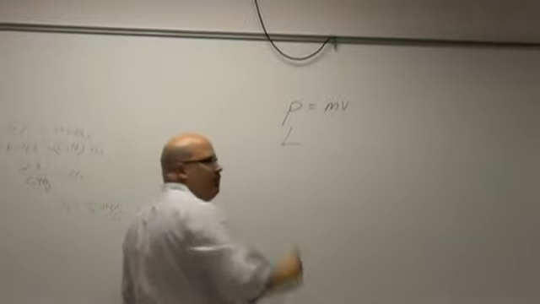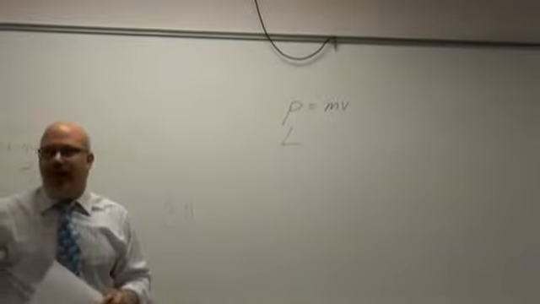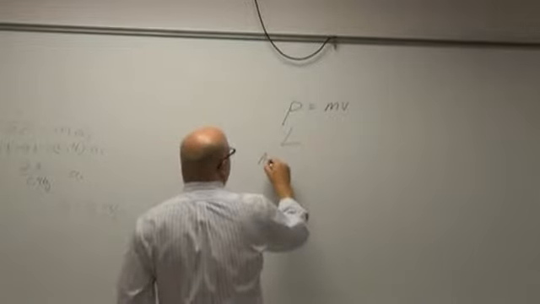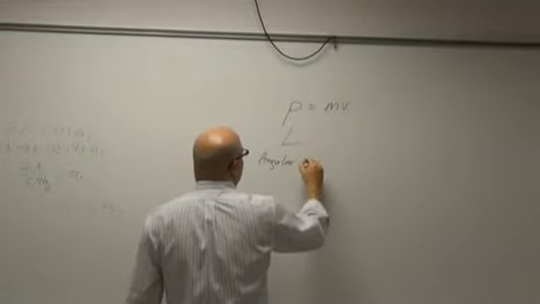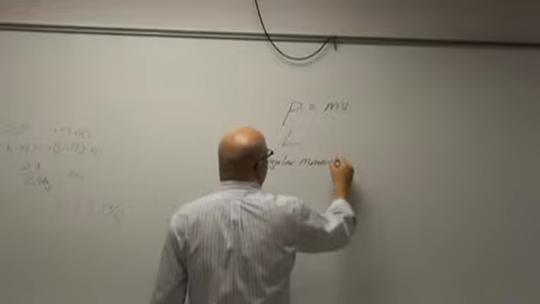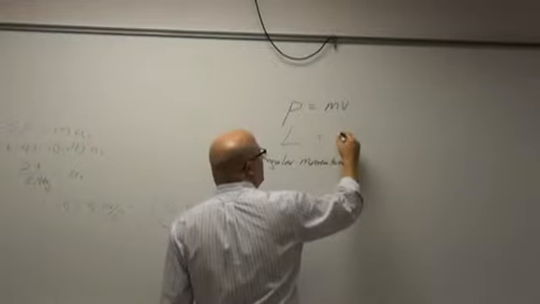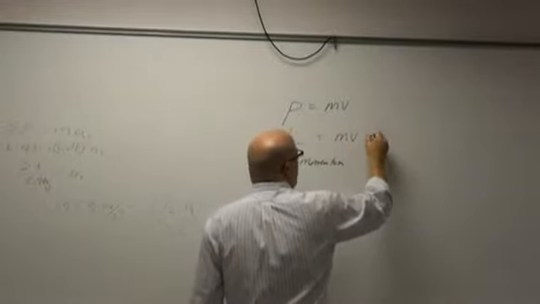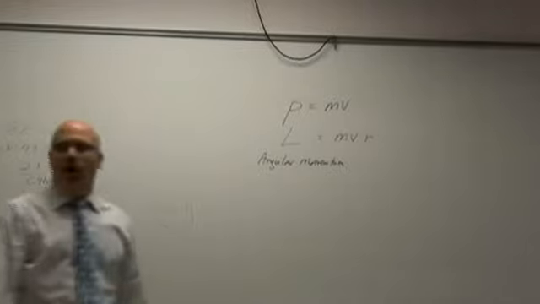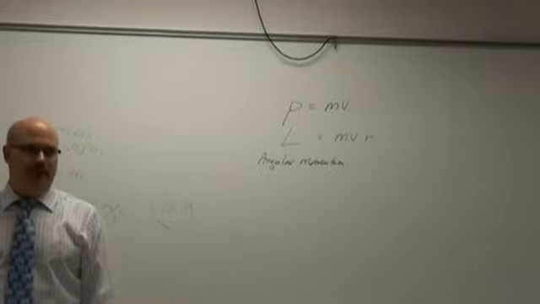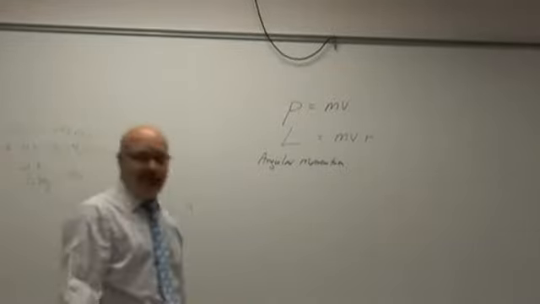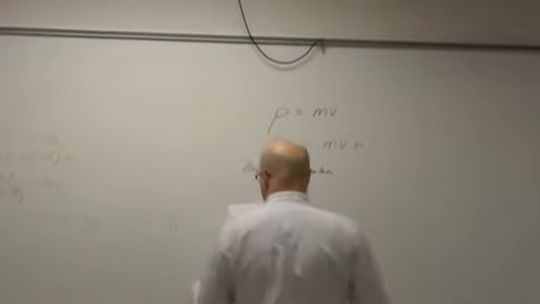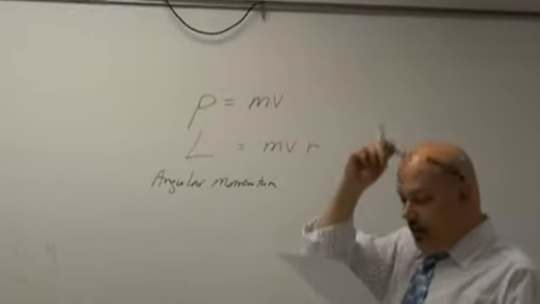And for whatever reason, angular momentum is capital L. Yeah, I think we ran out of letters. So it's mvr, where r is the radius of the object, or the radius of the mass in this case, or the radius at which the mass is operating.